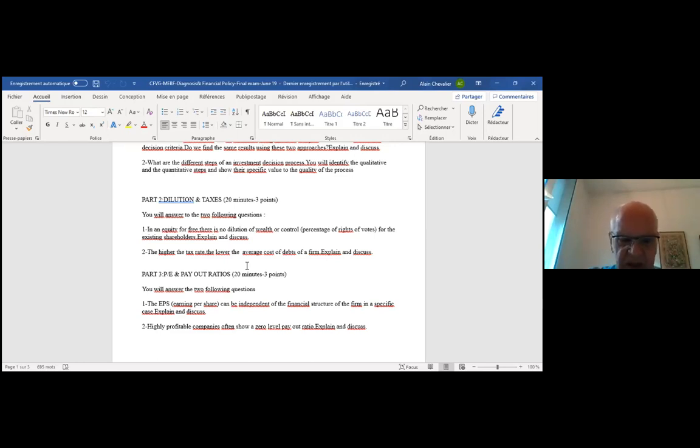Many governments, the Ministry of Finance for example, try to create incentives or to develop policies so that firms get more equity and improve their debt-equity ratio, decreasing the level of debt compared to the level of equity.